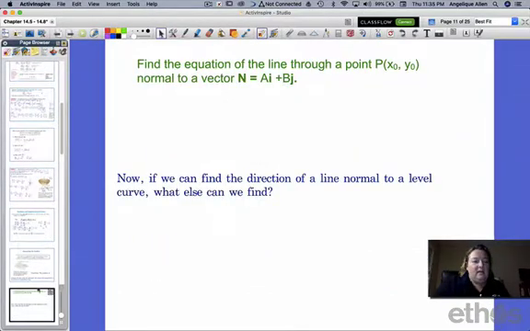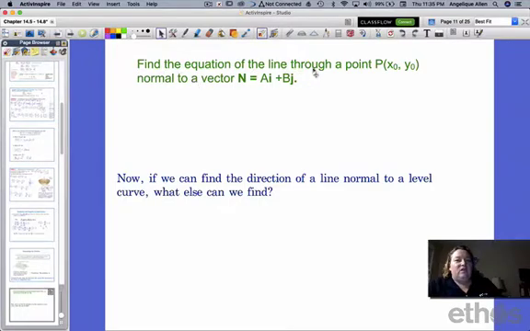Okay, so how can we use that then? We're going to use something we've done before. Since we can find a gradient vector, we want to be able to find the normal, or the gradient is normal. We want to be able to find the equation of a tangent line to a level curve. So let's take something we've already done before.